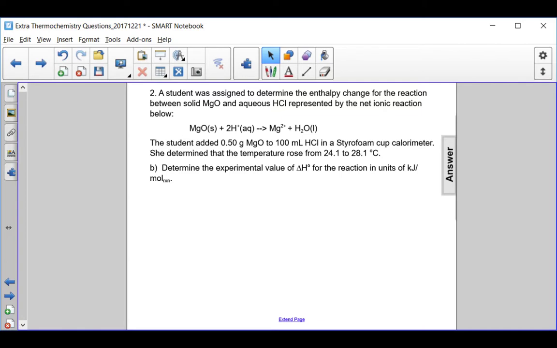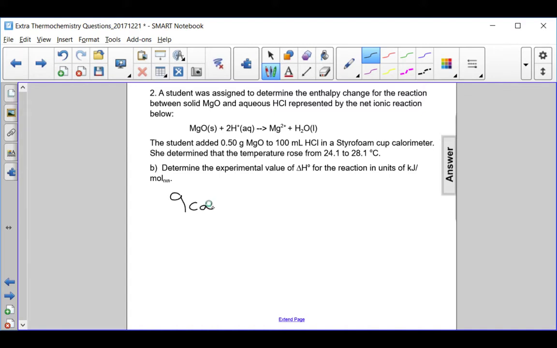Part B says, determine the experimental value of delta H for the reaction in units of kilojoules per mole. So we found the heat Q for the calorimeter in part A. Remember that that's equal to the negative Q for the reaction, right?